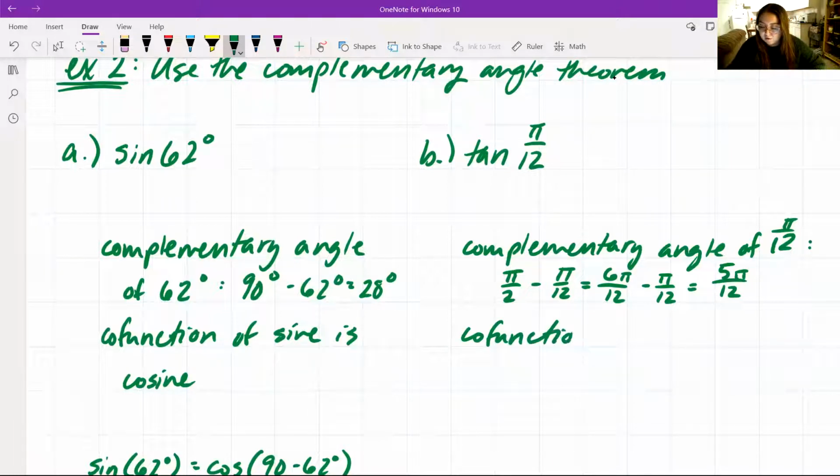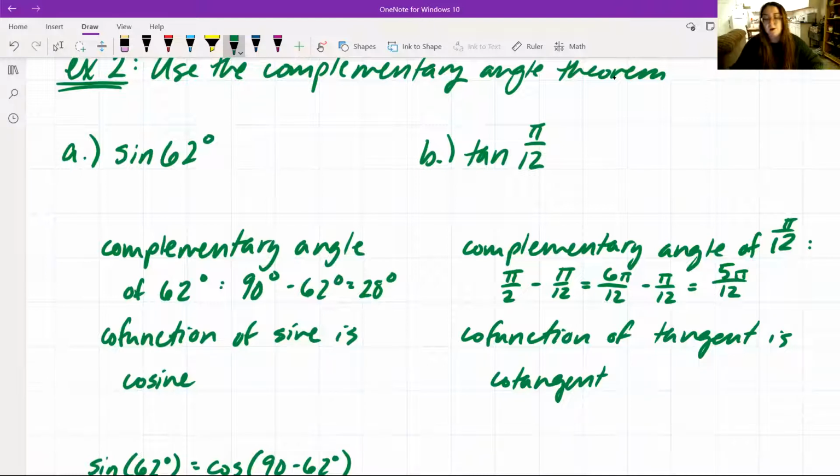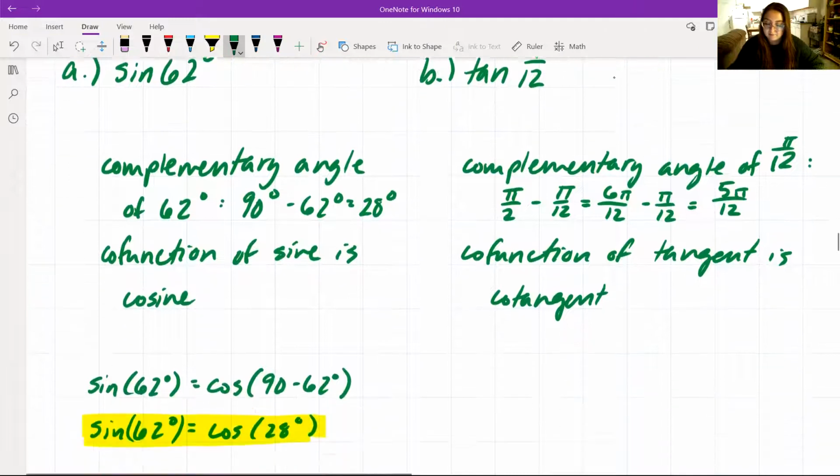Then our cofunction of tangent is cotangent. So now we know our cofunction and we know our complementary angle.